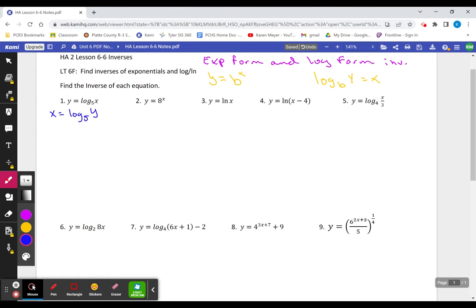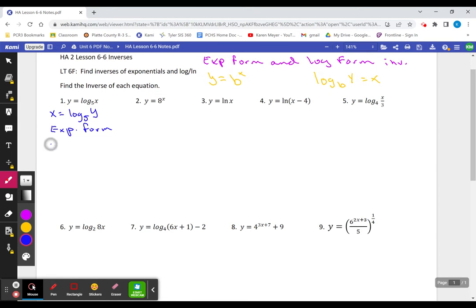Now, the only way to get the letter y by itself, to get rid of that log on the right side, is to take it from log form and rewrite it into exponential form. Exponential form starts out with y equals, and remember at log form, y is the big thing after log.